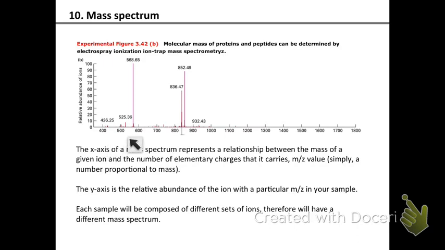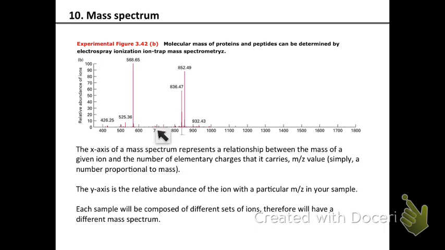So, for example, in this example, in your sample there was a peptide or a protein of 565 mass value that was very highly abundant. And then you had some other peptides, for example, at 700 mass value that were less abundant, right?